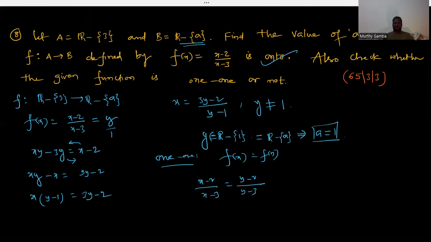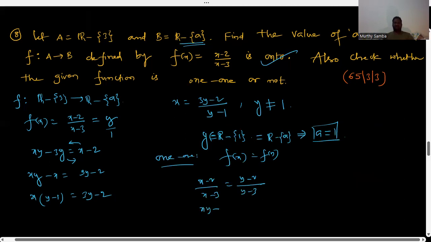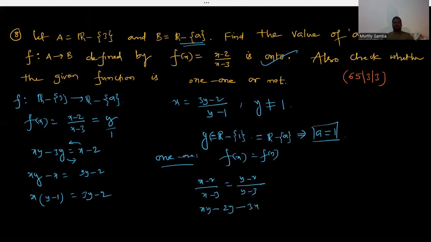By cross multiplication, xy minus 2y minus 3x plus 6 is equal to xy minus 3y minus 2x plus 6. See, some terms can be cancelled directly. Minus 6 and plus 6 get cancelled.